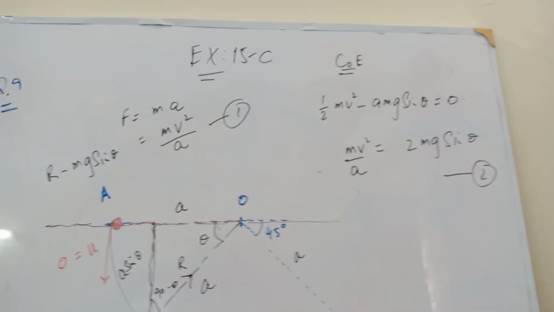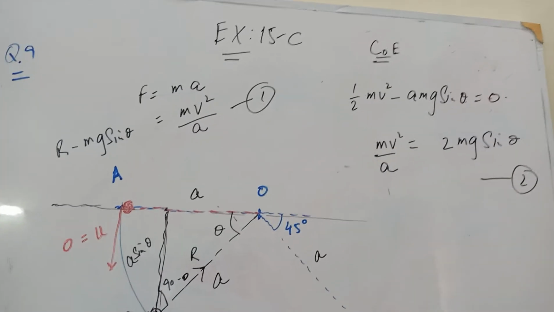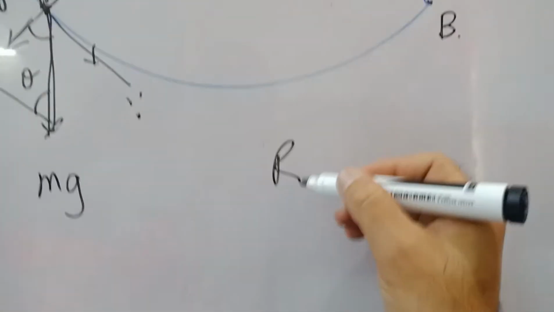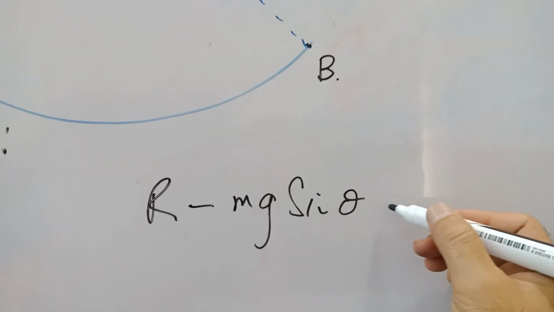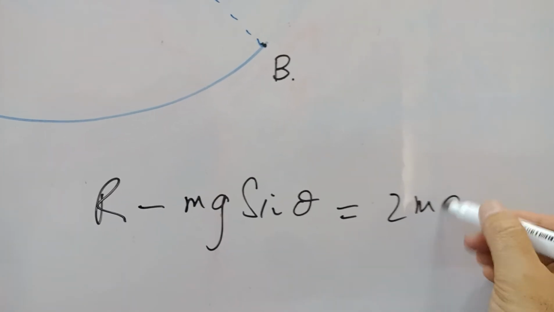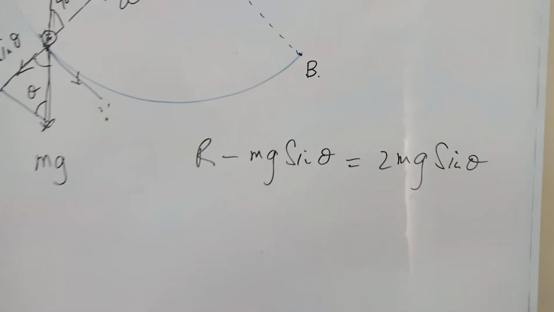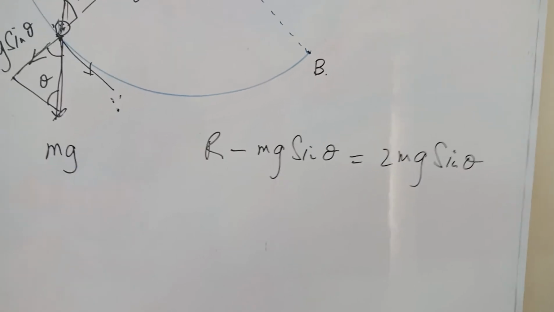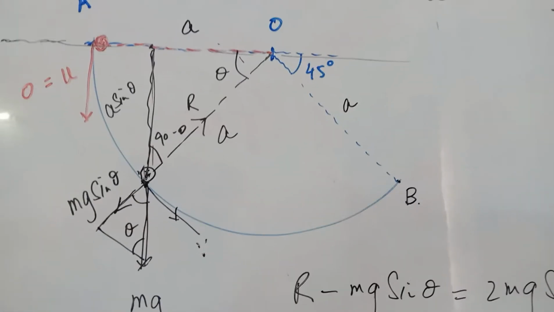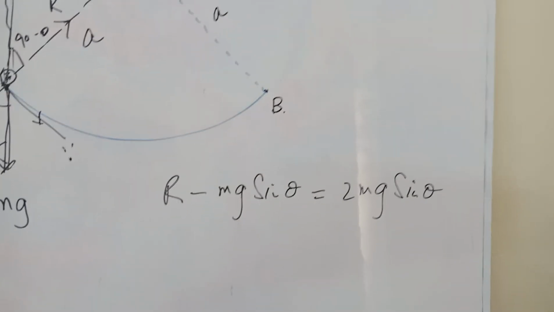So from 1 and 2, we can have R minus mg sine theta equal to 2 mg sine theta. Now we are quite aware that when it reaches point B, this theta is going to be 135 degrees.